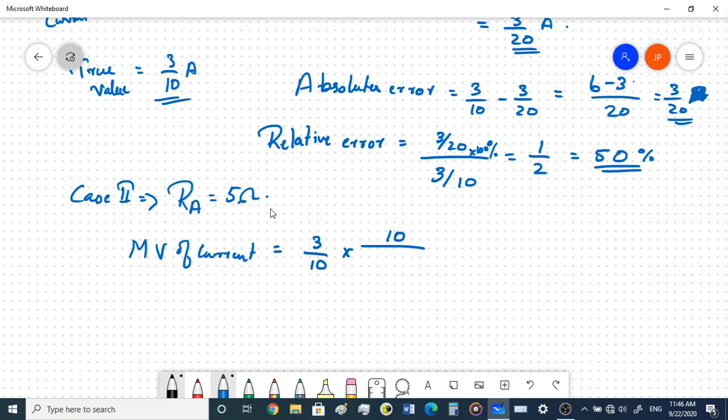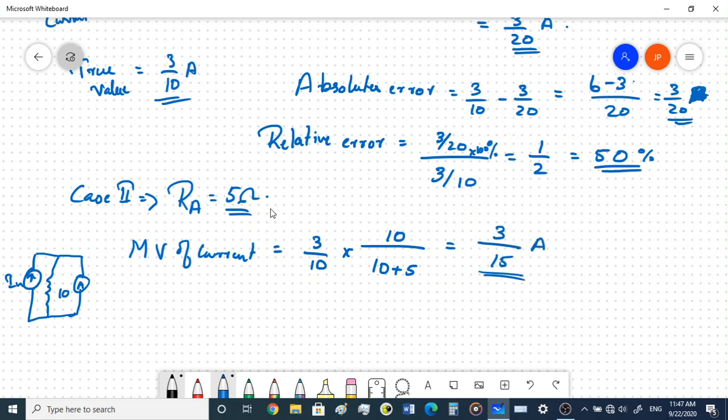So this is the total current into opposite branch resistance. So this was the circuit, right? You had a current source IN, RN, parallel resistance of 10, and then an ammeter. Putting the internal resistance of the ammeter as 5 ohms in this case, we'll get 3 by 10 into 10 divided by 10 plus 5, that is equal to 3 by 15 amperes, right?